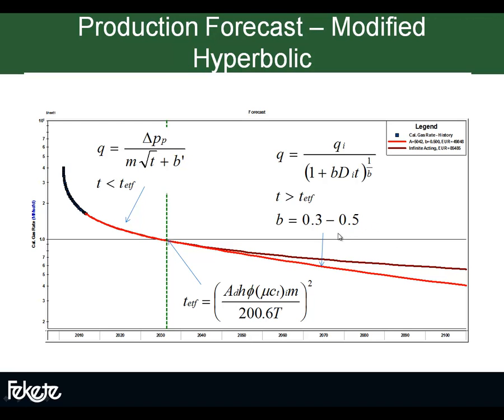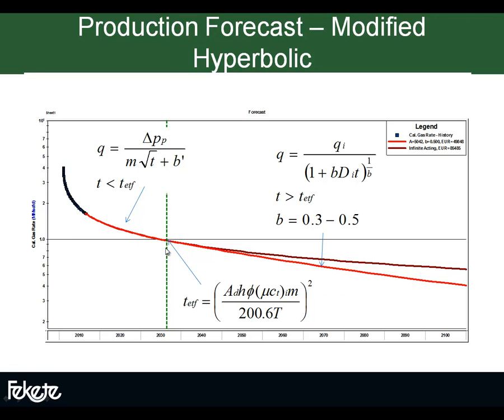In fact, it could go as high as 0.8 or 0.9. So we have control over the b value that we use in the second period, basically relating to how we think the boundary dominated flow is going to occur and what fluid is in place that we're draining.